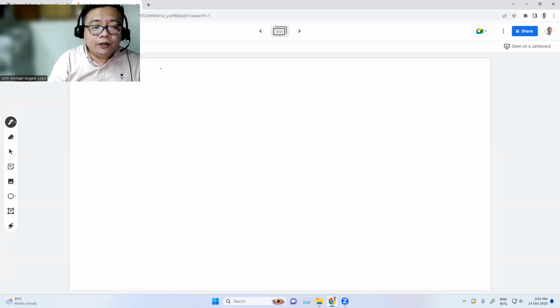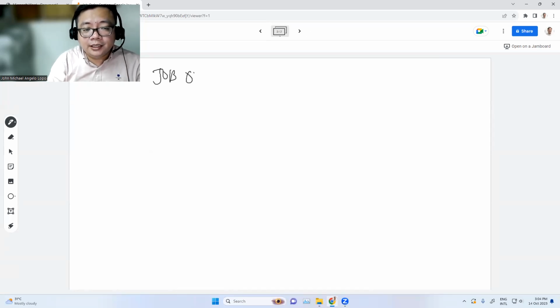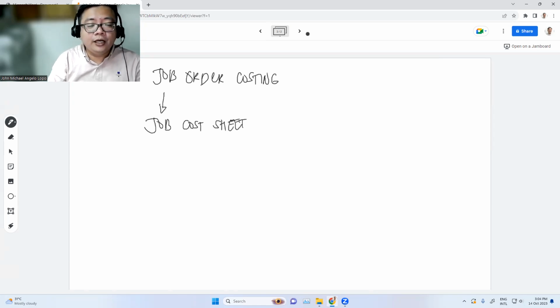So in terms of our job order costing system, very important here to consider yung tinatawag nating job cost sheet. So what do you mean here of job cost sheet? So ito yung ating ginagamit na summary. We're going to record all our, please take note of this, sa ating job cost sheet, tatlo ang ating i-record.